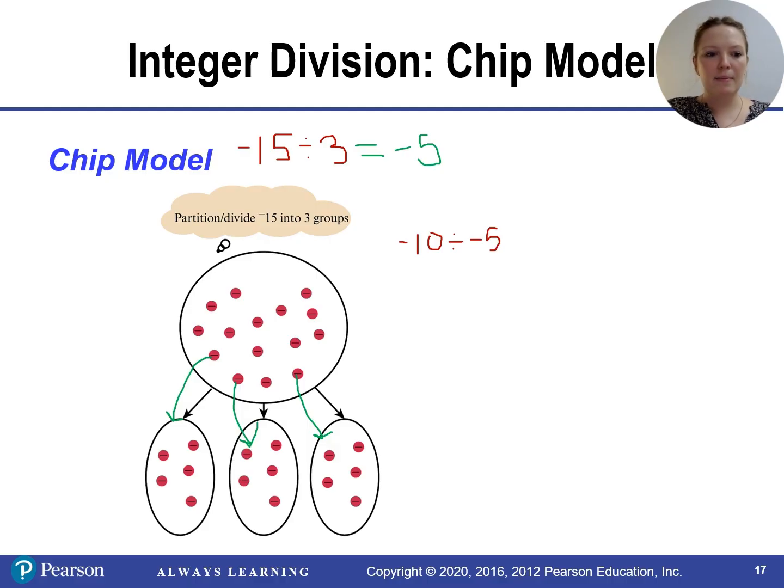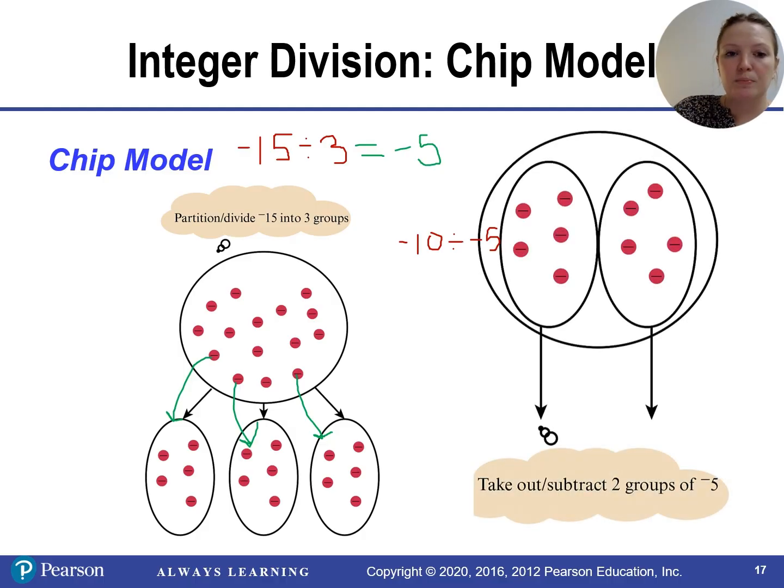We could think about this as the repeated subtraction view of division. So I could first model my negative 10 using 10 negative chips, and then think about division as taking away groups of negative 5.